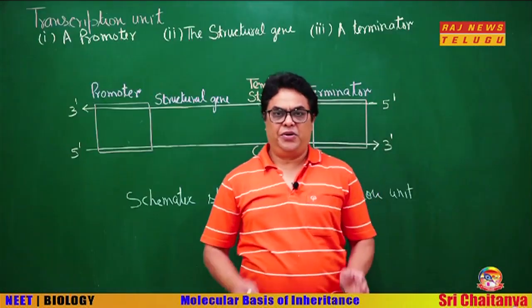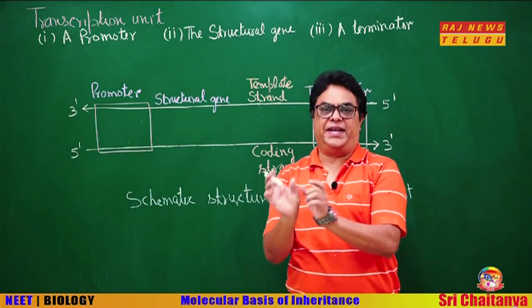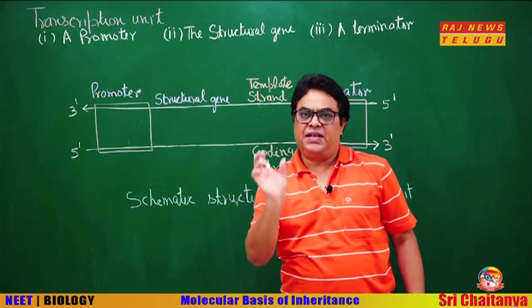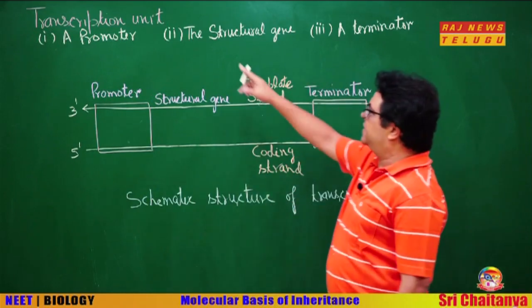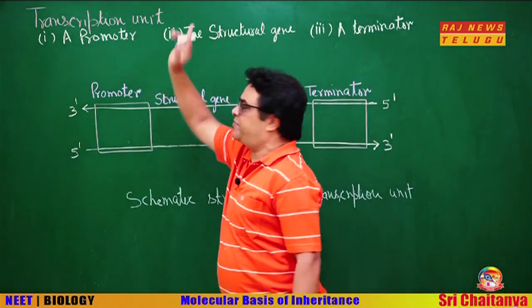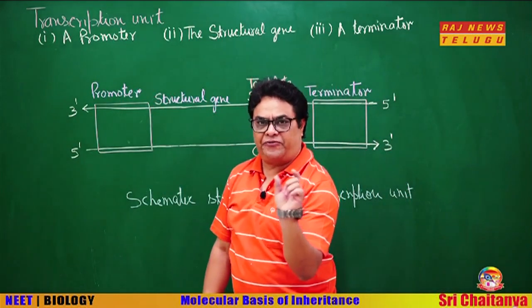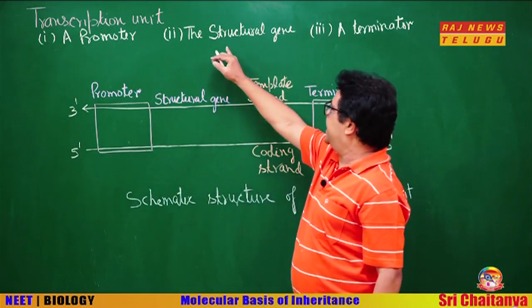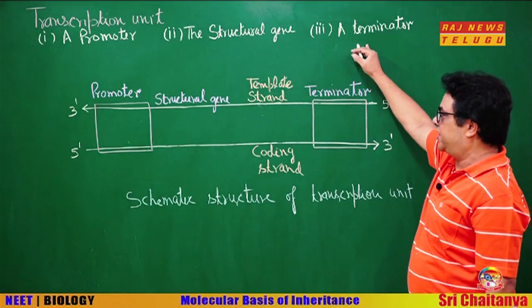Okay? Now, we said that only a specific portion of the DNA participates in the process of transcription. It means that a particular unit is participating in transcription, hence it is called the transcription unit. And this transcription unit consists of three parts: first, a promoter; second, the structural gene; and third, a terminator.